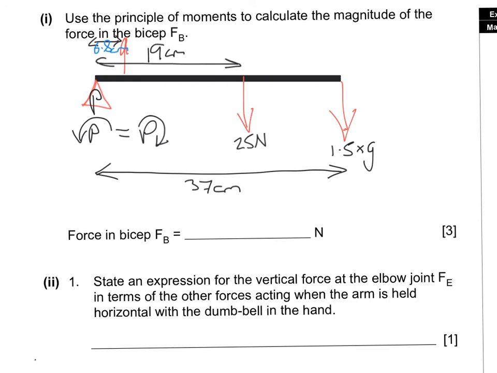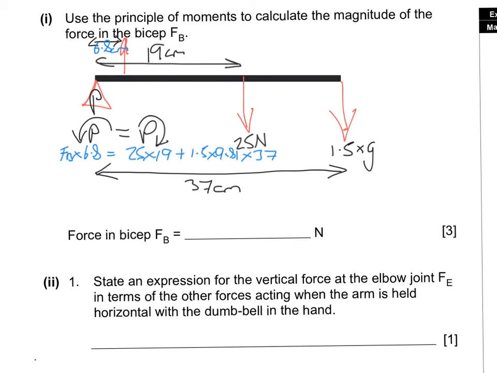So in our moments problem, we've got FB times 6.8, and that's equal to 25 times 19 plus 1.5 g times 37. So that's the moment of the bicep force, the moment here of the weight of his arm, force times distance, and the moment of this weight, which is a force times a distance.